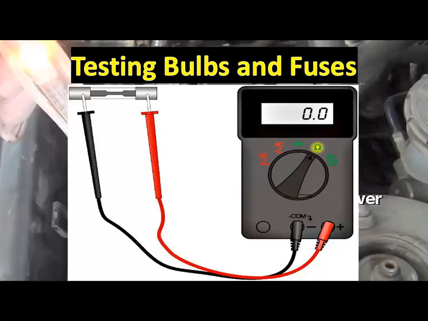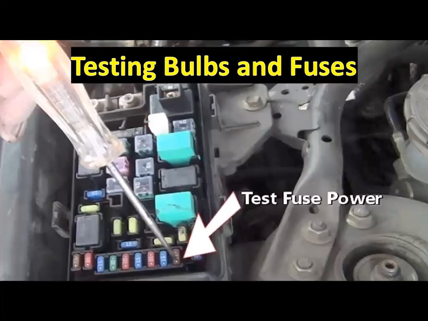So when testing a dual filament bulb with the digital ohmmeter, connect the leads from one of the bulb terminals to the case, and then connect the meter leads from the other bulb terminal to the case. An infinite reading with either meter connection indicates a burnt-out bulb filament. When testing a fuse, remove the fuse from the fuse panel and connect the ohmmeter leads. But when you're not using the ohmmeter, you don't have to remove it, because we're testing whether there's current flowing.